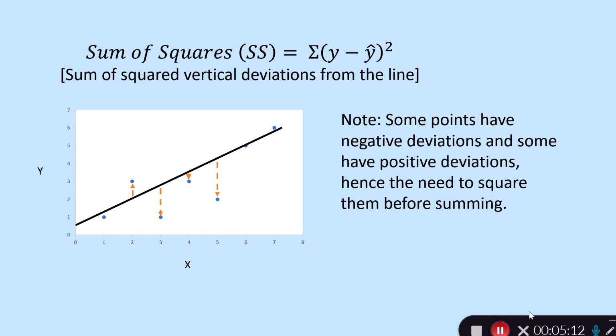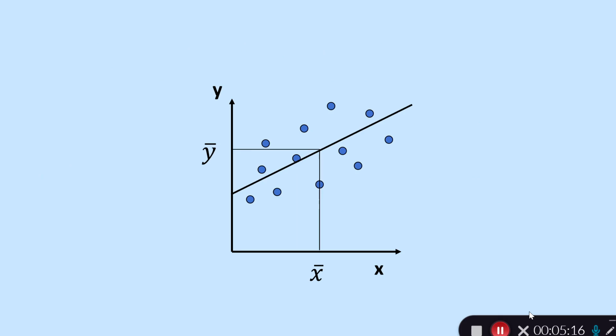Then we pivot the line around this point for the mean of x, mean of y, and software works out the intercept and the slope of the line for us. That saves us having to do those calculations by hand, for which, if we did, we'd have to take partial derivatives and things like that.